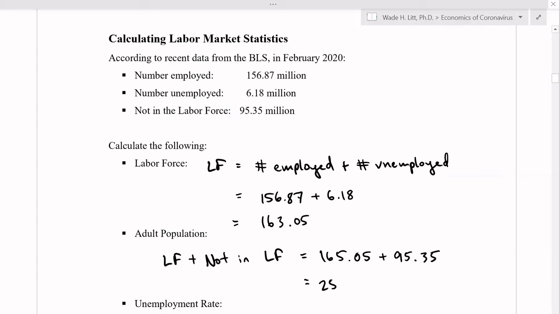That comes out to 258.4 million. And recall that the total population is about 330 million. So the 70 million people left are those that are younger than 16, actually.